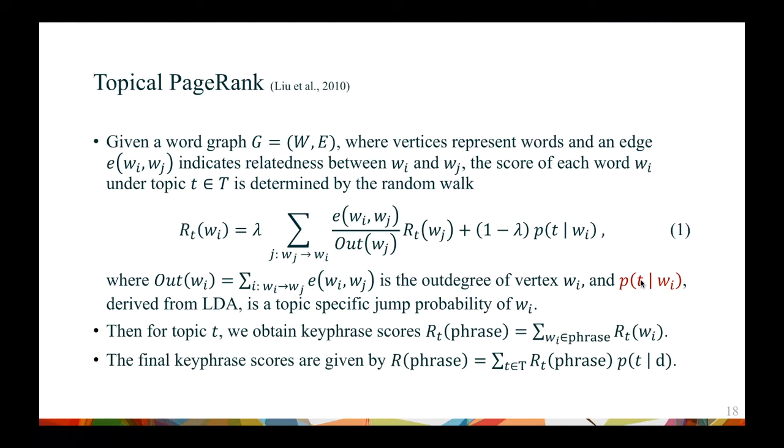What you do is sum up all the words in that candidate, and you get the score of the phrase. Note that this is the score for this phrase under topic T. And as I mentioned, in topic modeling you have K topics that you decide beforehand. So in the very last step, you just sum up the information among all the different topics, and you get the final score for the phrase.